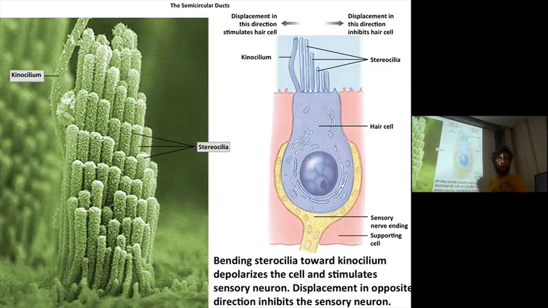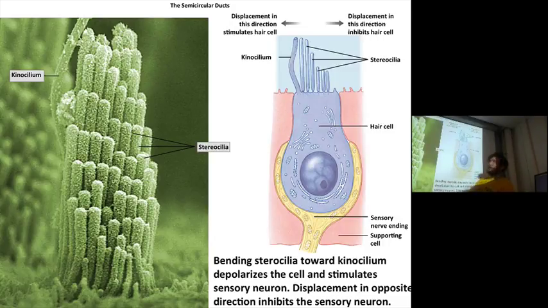Now, this structure is a little bit different than you're used to. We have the stereocilia, and then one special hair called the kinocilium. When the stereocilia are displaced in the direction of the kinocilium, there is a stimulation of the hair cell.